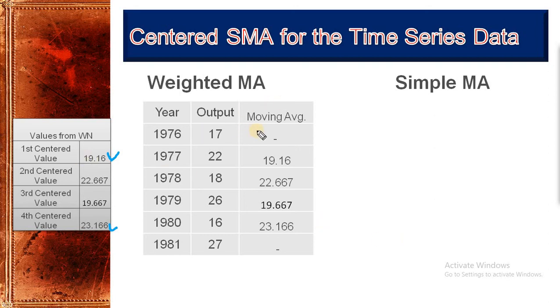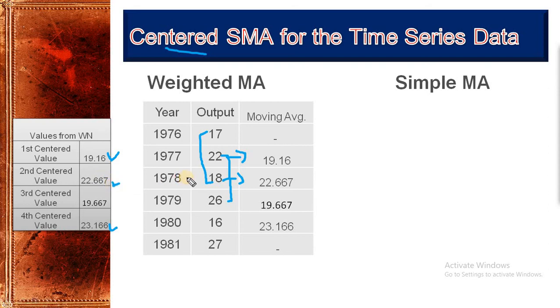To derive the first value, we have considered these three data points, that is 17, 22, 18. I have entered the first value at the center because a centered moving average is always put into the center. So the center value of the first group is 19.166, and to derive the second value we considered these three, and that group's centered value is 22.667.